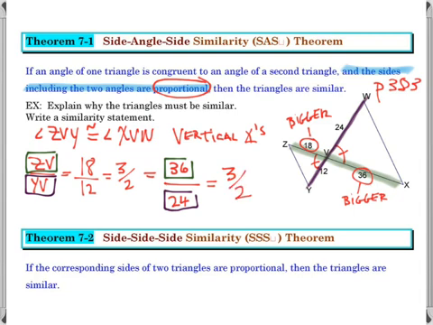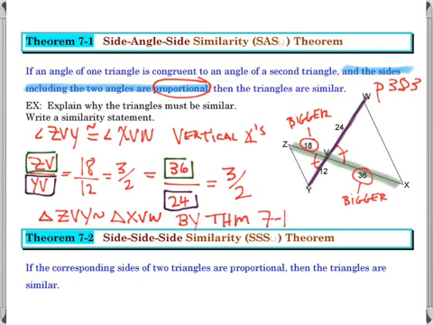So they are similar, right, because I have side-angle-side similarity. Now they're not congruent sides, but they're proportional, they're equal ratios of 3/2, so they are similar triangles. I'm going to write my similarity statement. I have triangle ZVY is similar to triangle XVW by the theorem that's above.